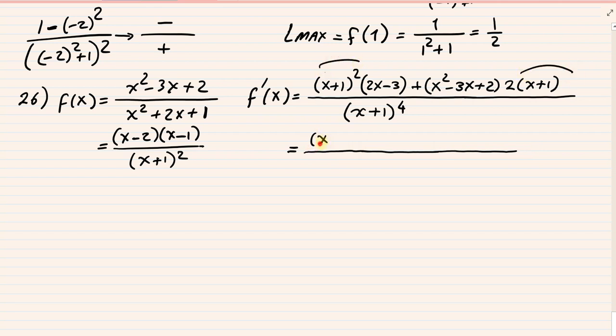Let's factor out x plus 1 from the entire first expression, because there are two factors of x plus 1, one of them is being factored out.